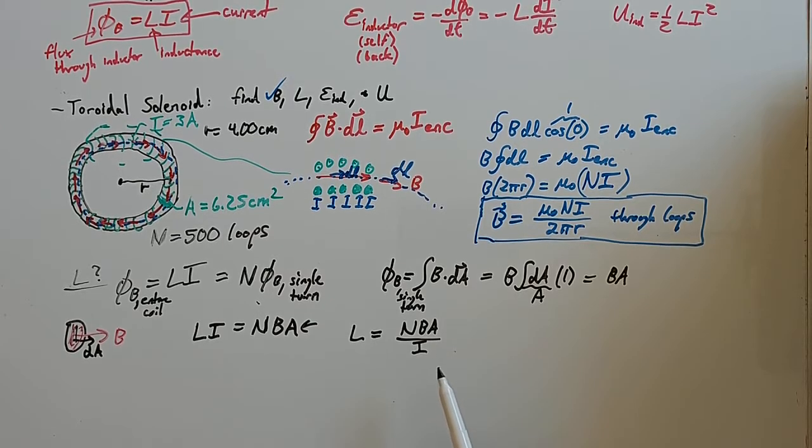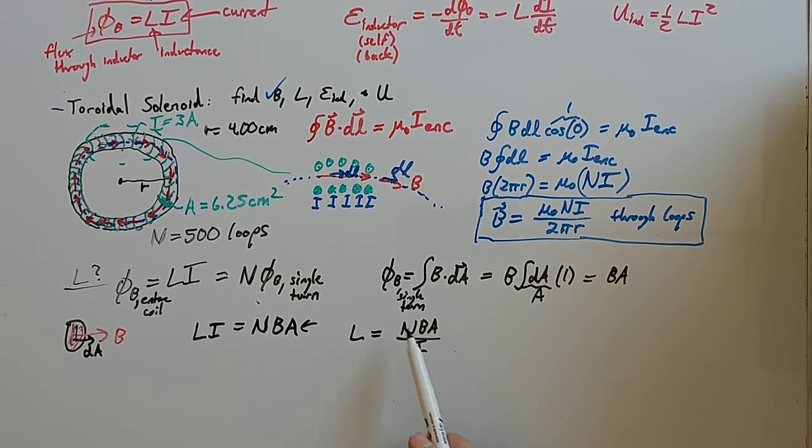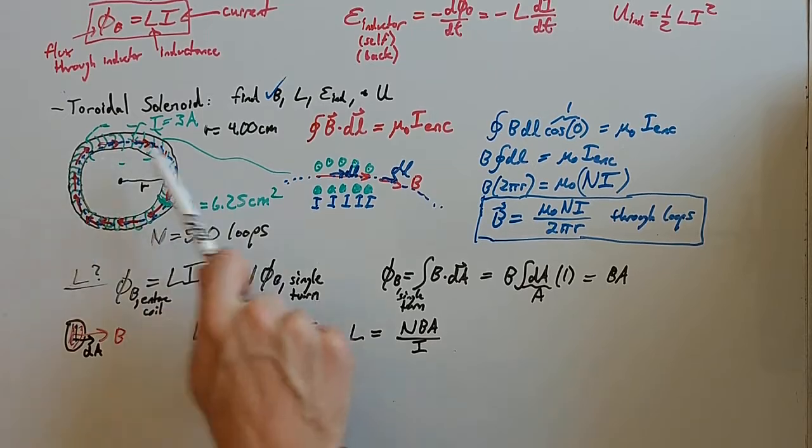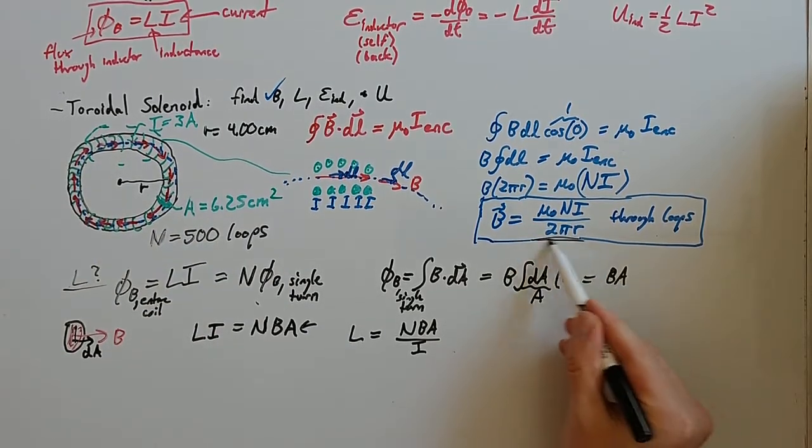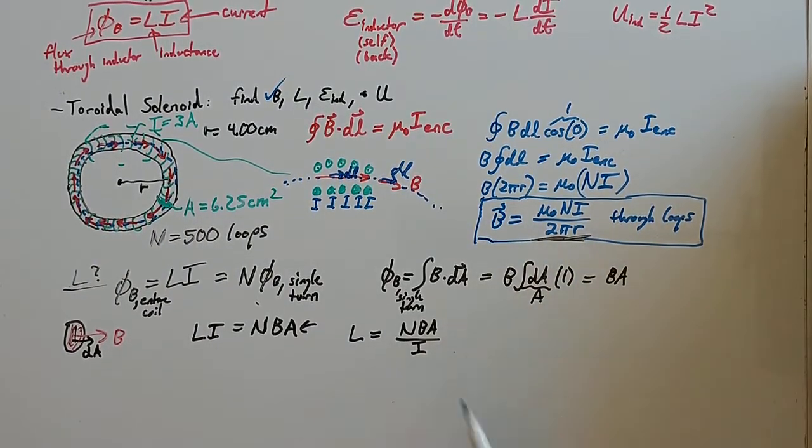We know that we have 500 loops, but what's B? We don't know what the magnetic field is, except we just calculated it right up here, so we can now plug that in here.